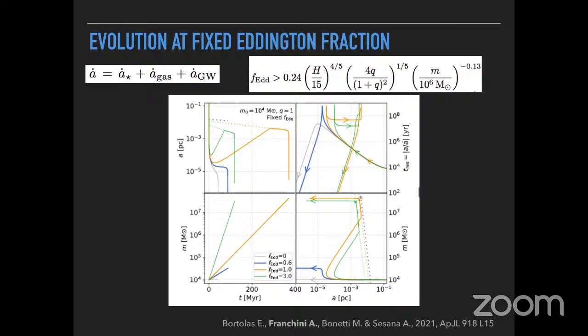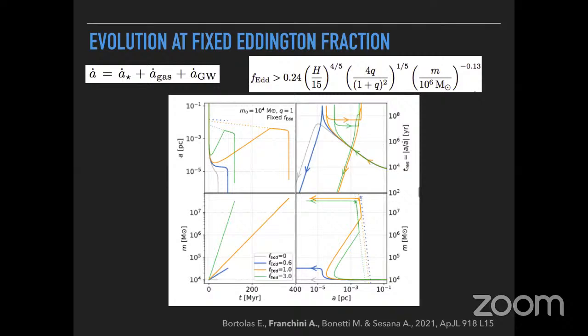But it seems that the final mass of the binary is very sensitive to that F Eddington. Yes, because if you fix F Eddington, then the accretion rate increases with the mass. As the binary becomes more massive, it accretes more.